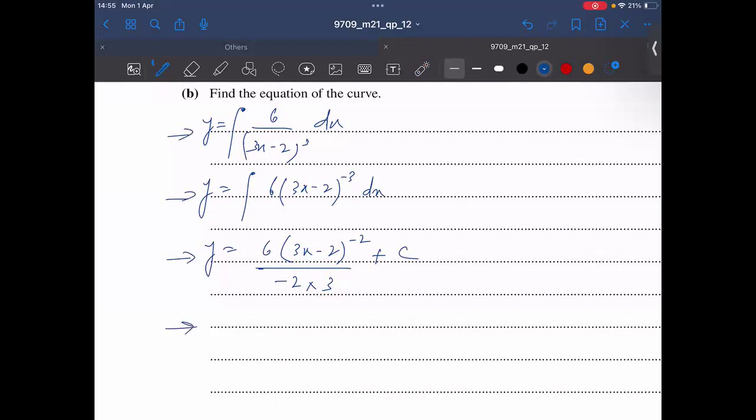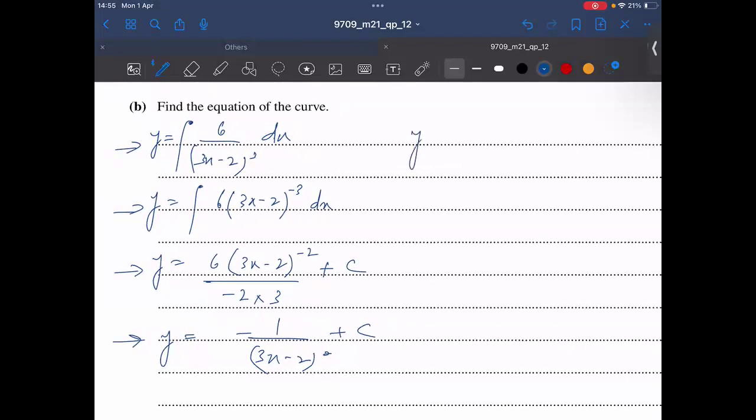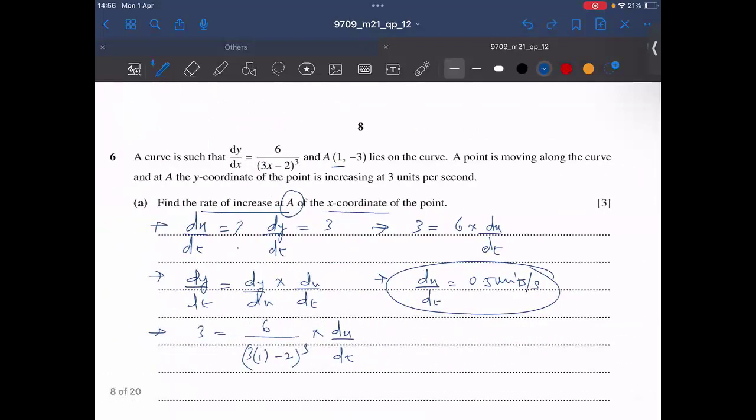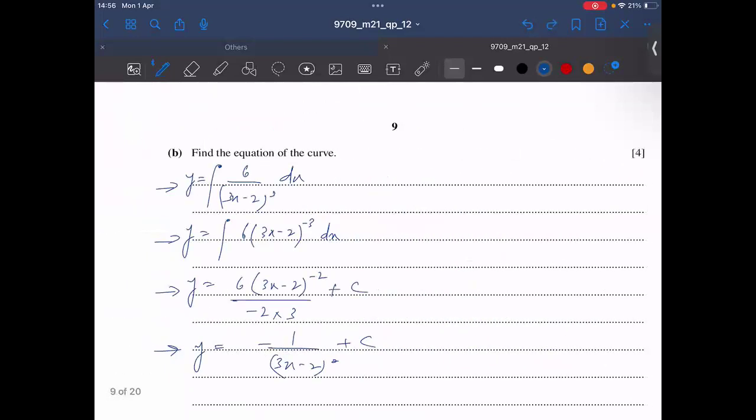And then y is going to be equal to minus 1 over (3x minus 2) whole square plus c. Now I'm going to substitute the coordinates of point A, because that is the point lying on the curve, minus 1, minus 3.